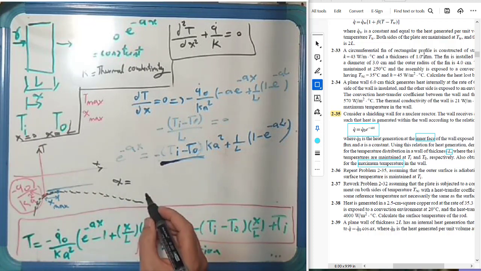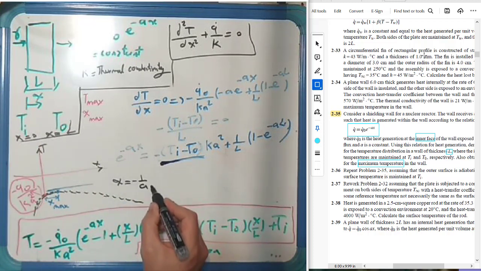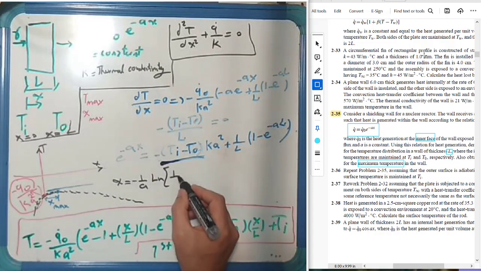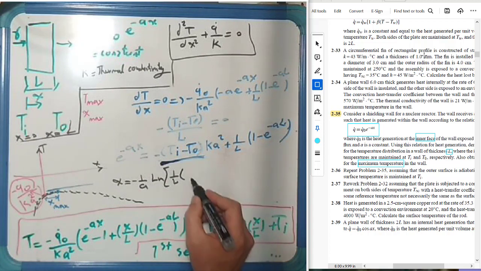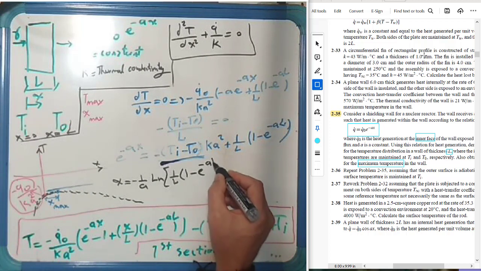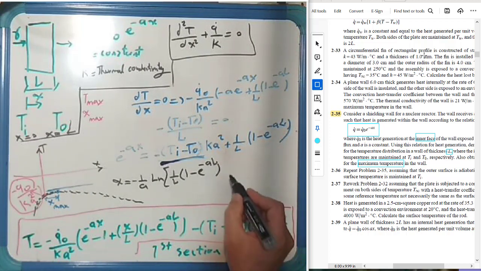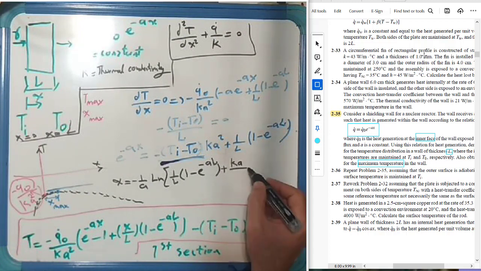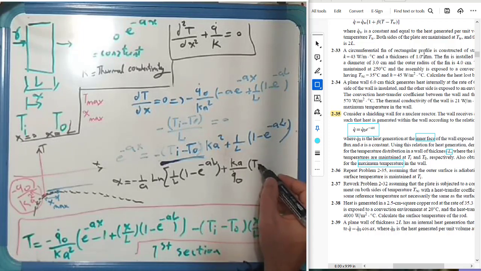X equals 1 over a ln of 1 over L, 1 minus exponential of minus aL, plus Ka over Q dot O, Ti minus To, okay.